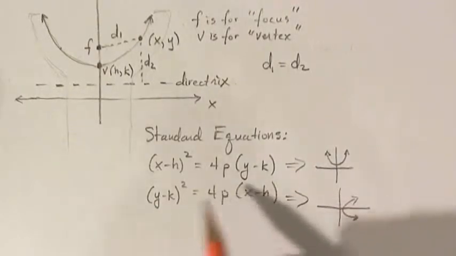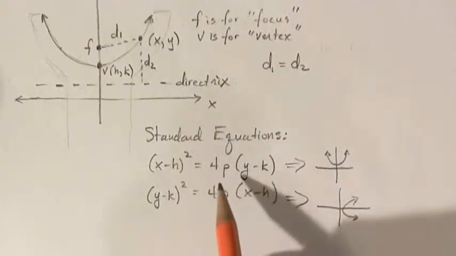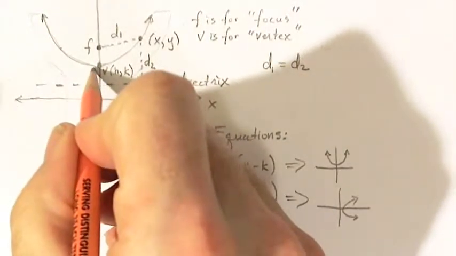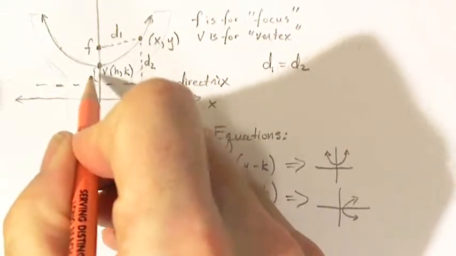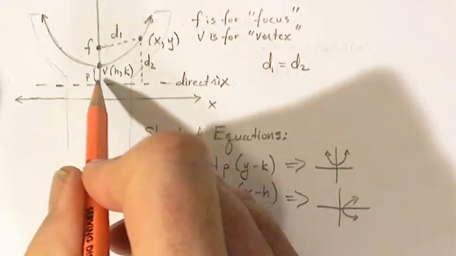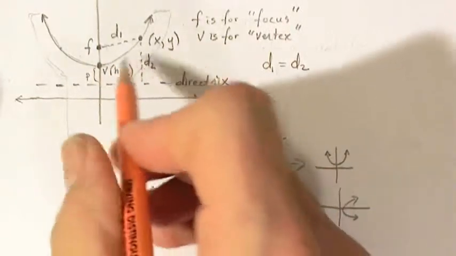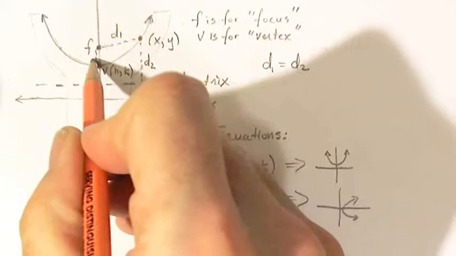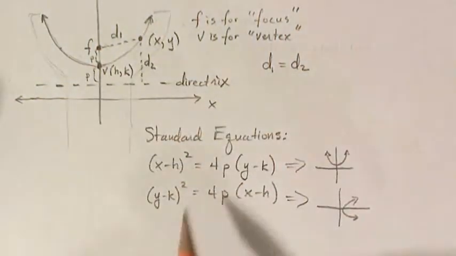Okay, I know what you're asking. What's the p? The p is this distance right here. This is p, the distance from the directrix to the vertex, and then it's also right here. This is also p.